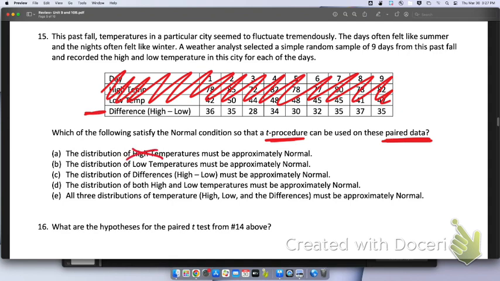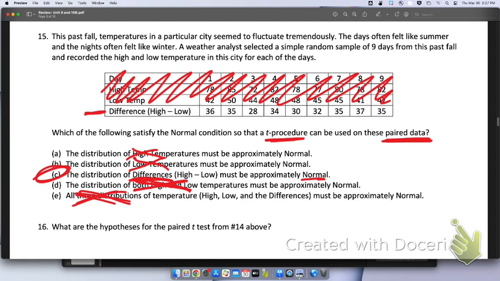So the distribution of high temperatures does not have to be normal. The distribution of low temperatures does not have to be normal. But the differences need to be normal, aka no strong skewness or outliers. I do not have to have both high and low temperatures, and it does not have to be all three. All right, so the answer would be C.